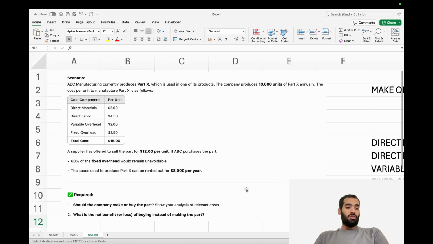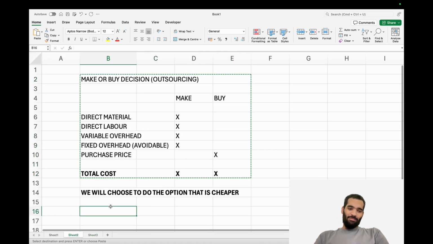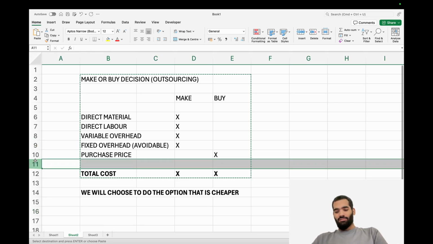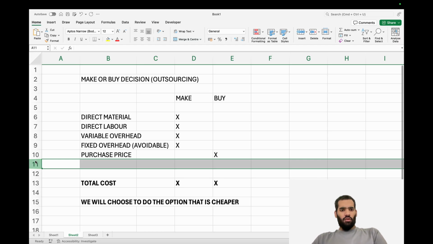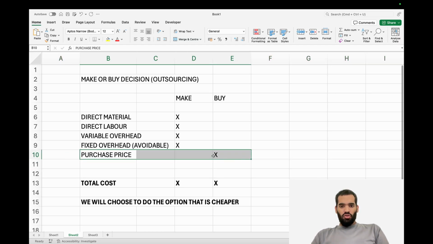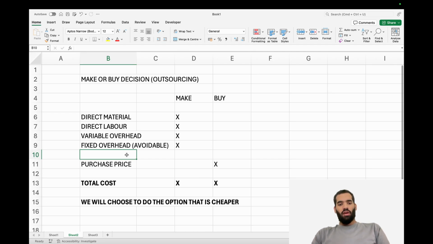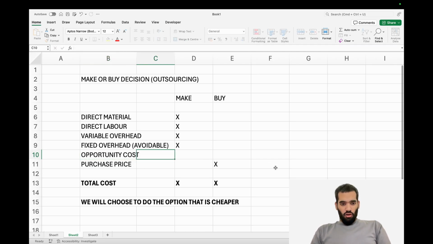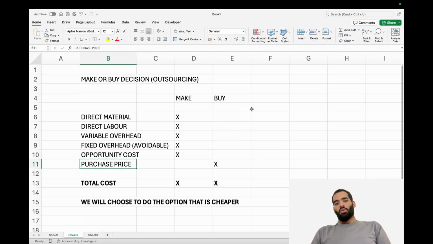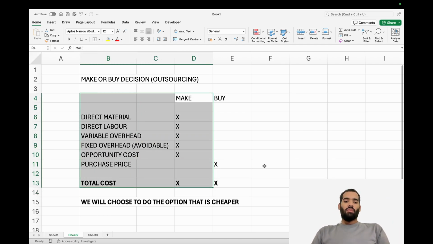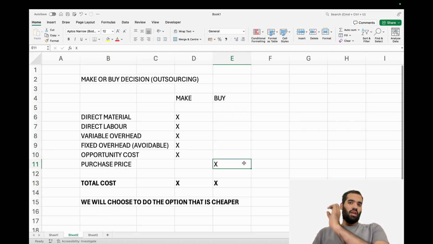So this gives me an opportunity to add another thing to the format, which is opportunity cost. Because we said opportunity cost is always relevant if there's any in the question. It will go in the make area, because in the make or buy decision, if you decide to keep making the product, you lose out on the extra money you can make by renting out that place to someone else.